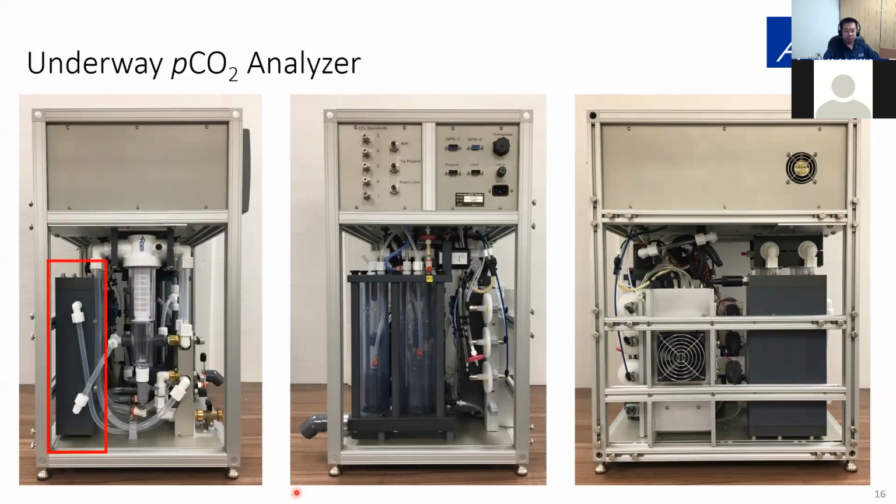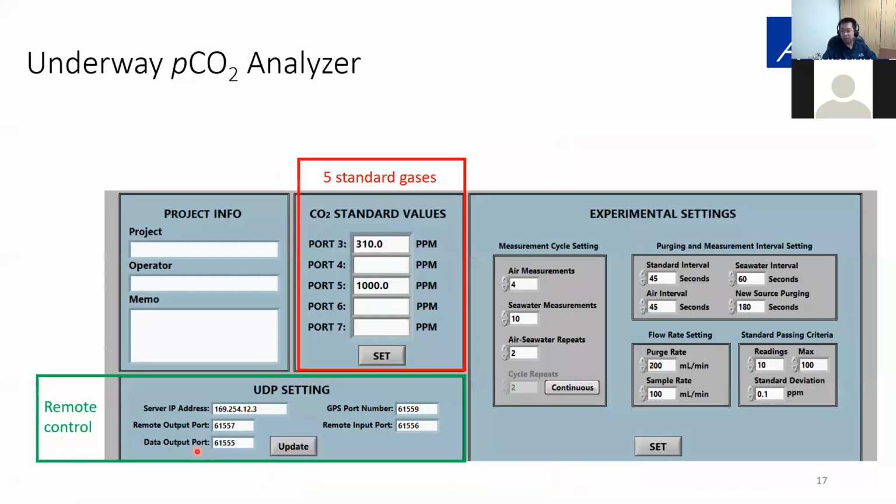This is SBE45, the thermosalinograph. Water filters, there are two, one behind this one. The equilibrators, air filters, and the cooling module.